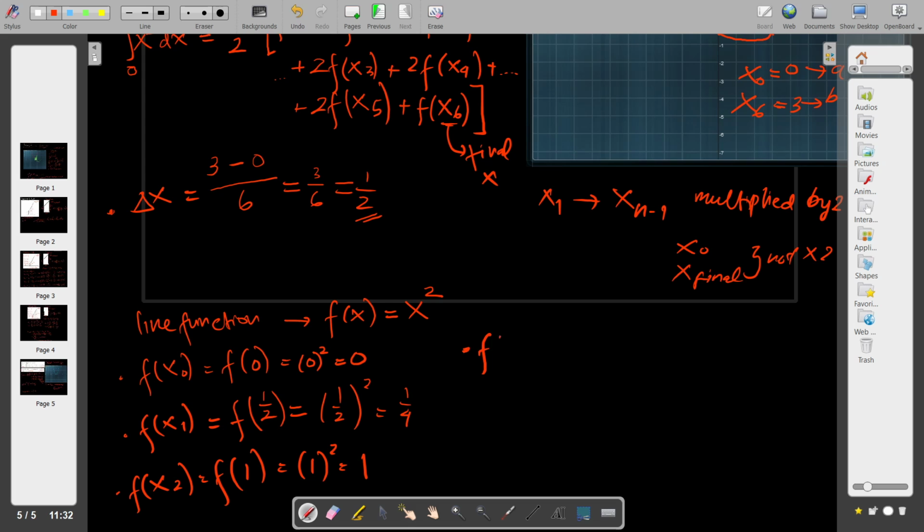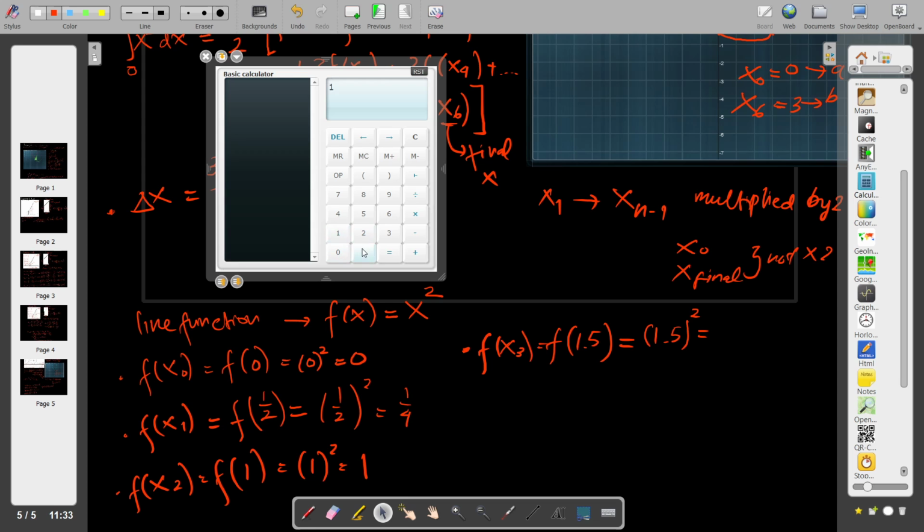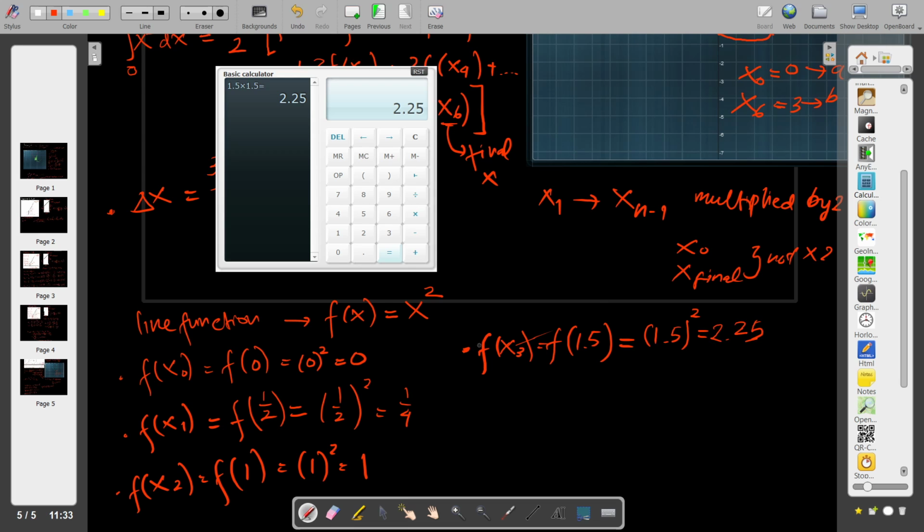Then f(x3) is at 1.5. I'll try to use the calculator. 1.5 times 1.5, then we get 2.25.